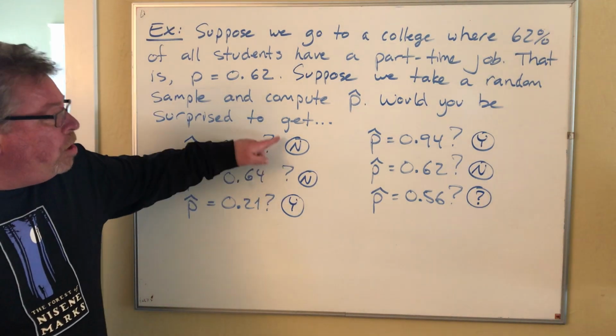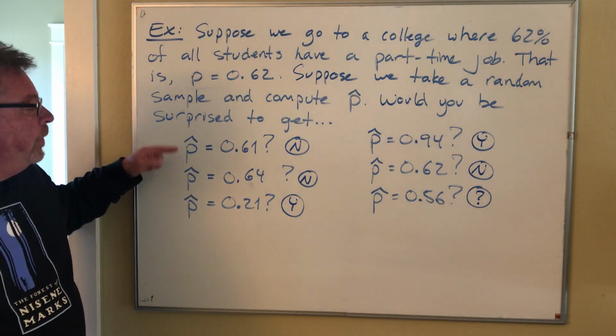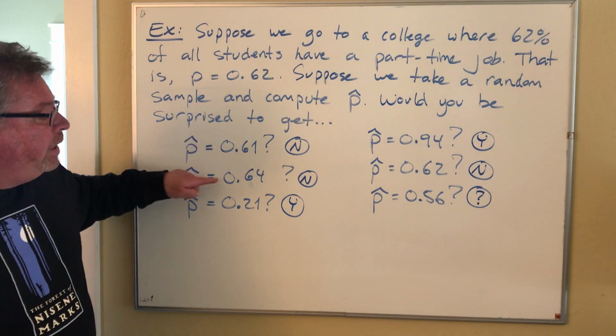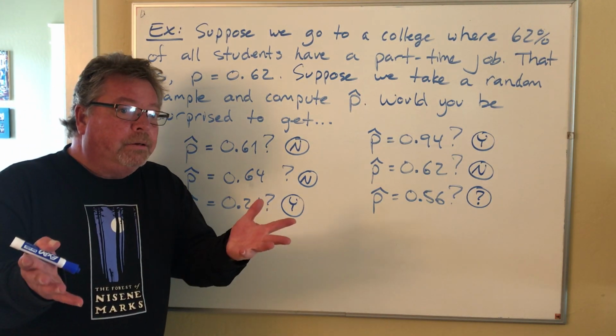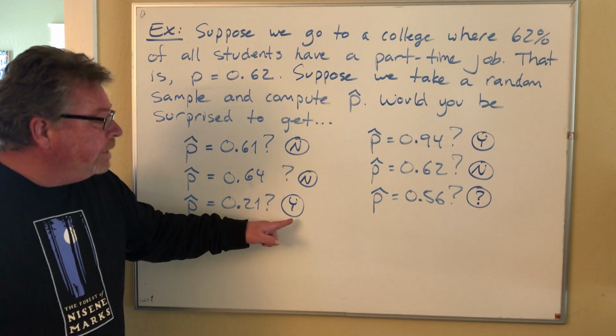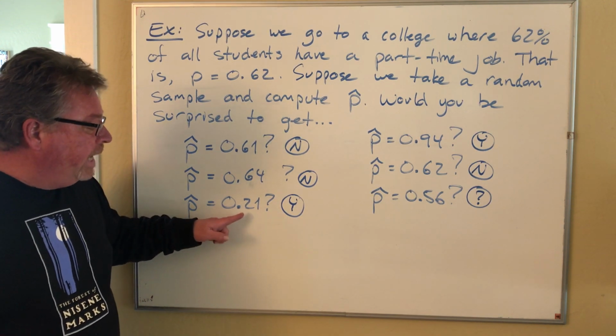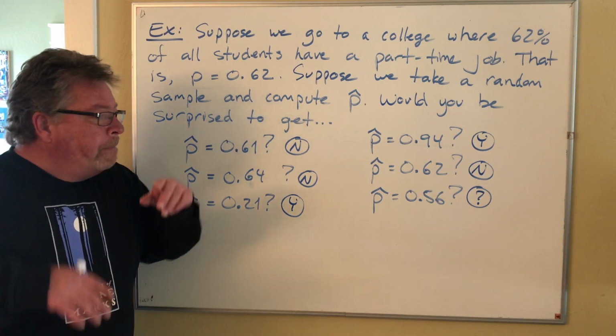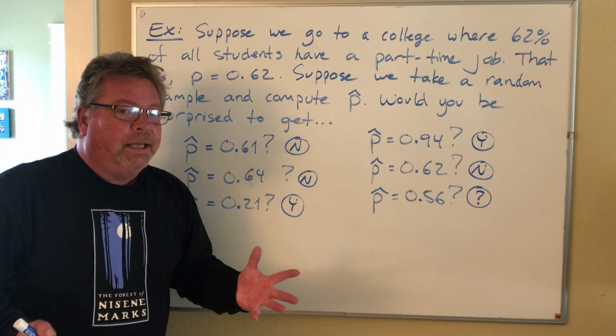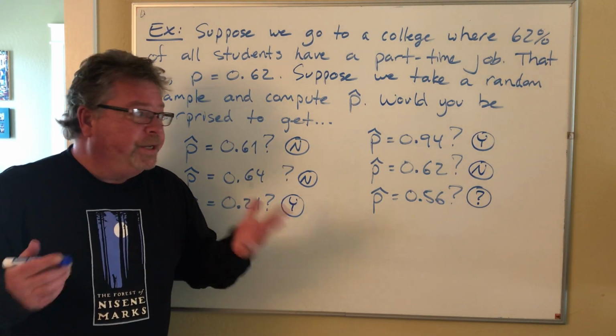So when you say no, I would not be surprised, you're telling me that those values of p hat are within reason. But when you say yes, I would be surprised, you're telling me that that's a value of p hat that seems really unlikely and not within reason.